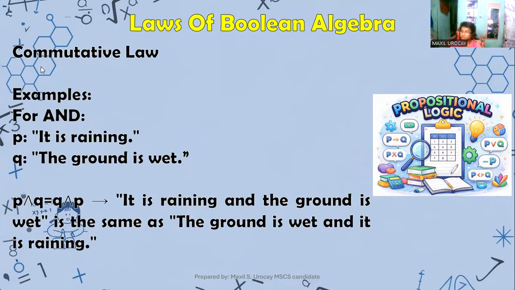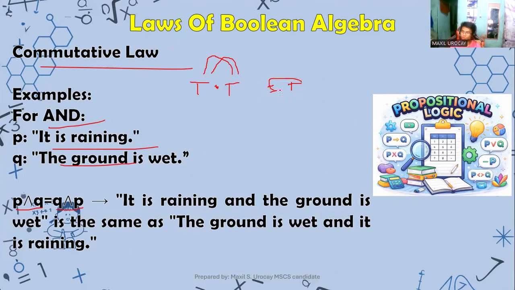Now, for commutative AND, for example, it is raining and the ground is wet. The commutative law says P and Q equals Q and P. Meaning to say, regardless of the order, the result will always be the same.